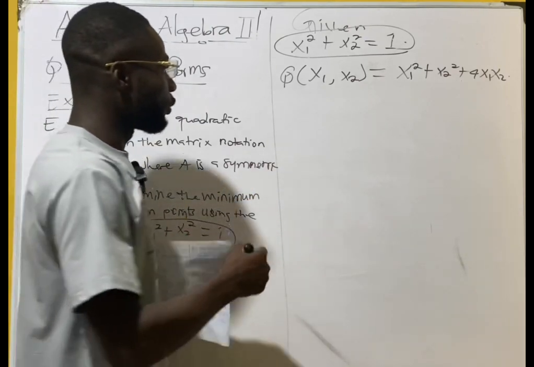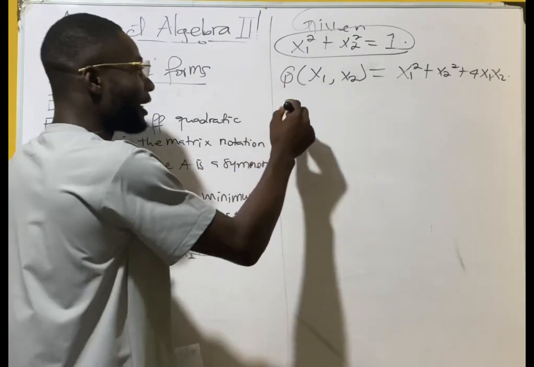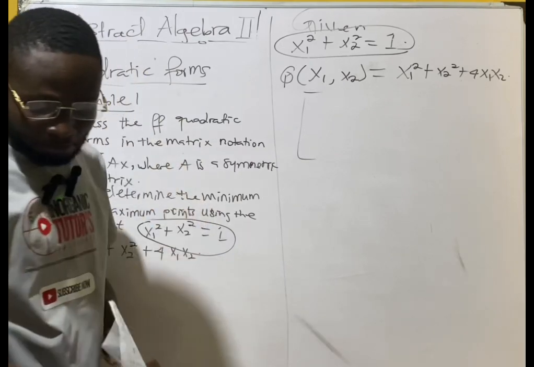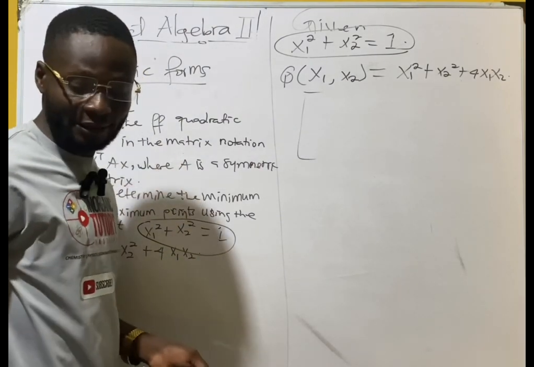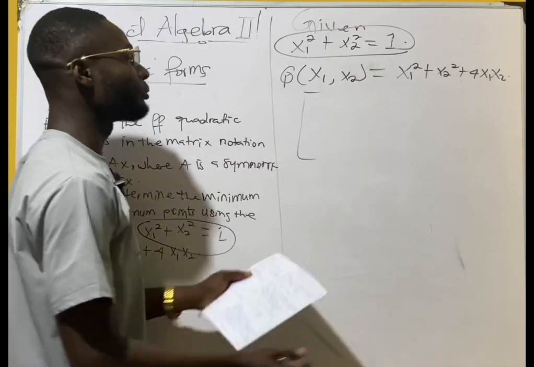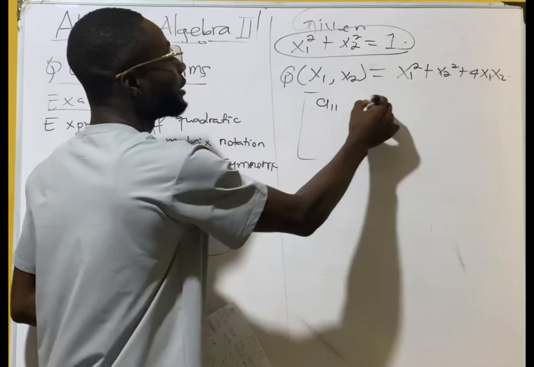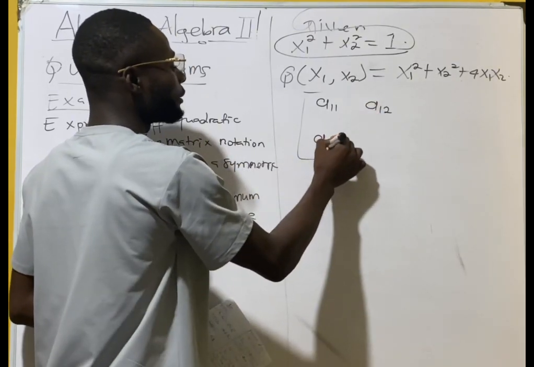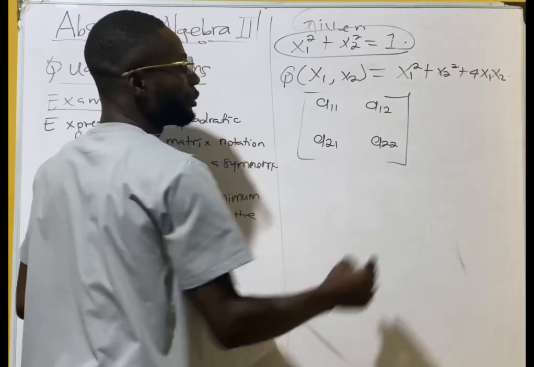Note that the 2 by 2 matrix has these elements: a11, a12, a21, and a22.